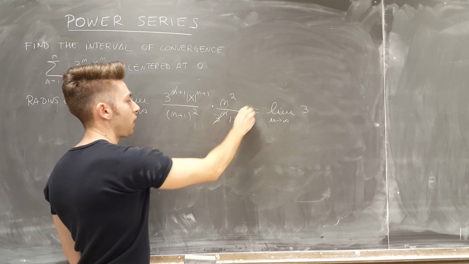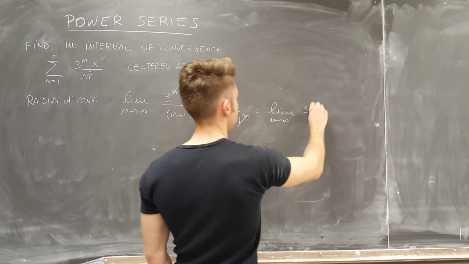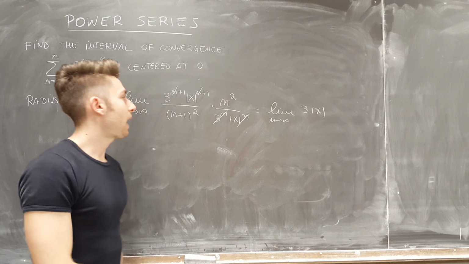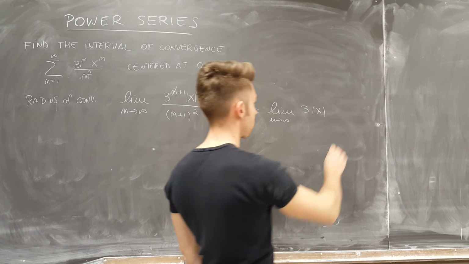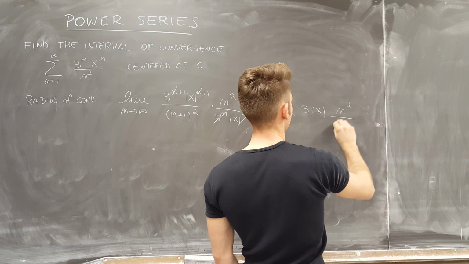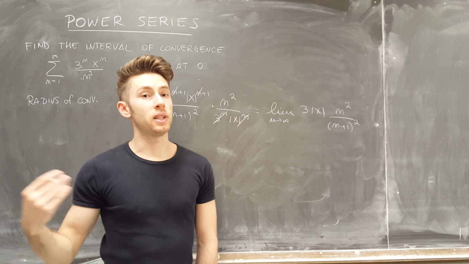Then the same for x to the n and x to the n, leaving us with an x. And then we have n squared over n plus 1 squared. And we need to compute this limit.